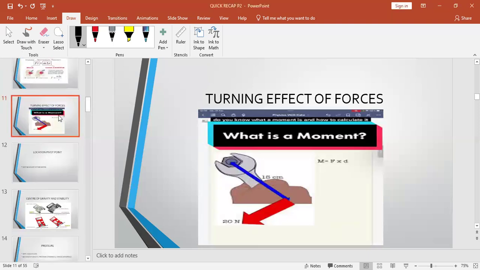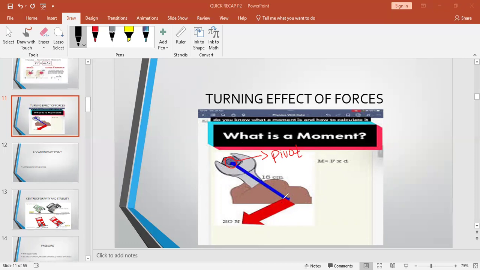Then we have turning effect of forces. Do you remember turning effect of forces? A force is acting at a perpendicular distance from the pivot point or the turning point. Let's say I'm tightening a nut with the help of this spanner; this point is known as the pivot point. The force is either moving up or down, 20 Newton.